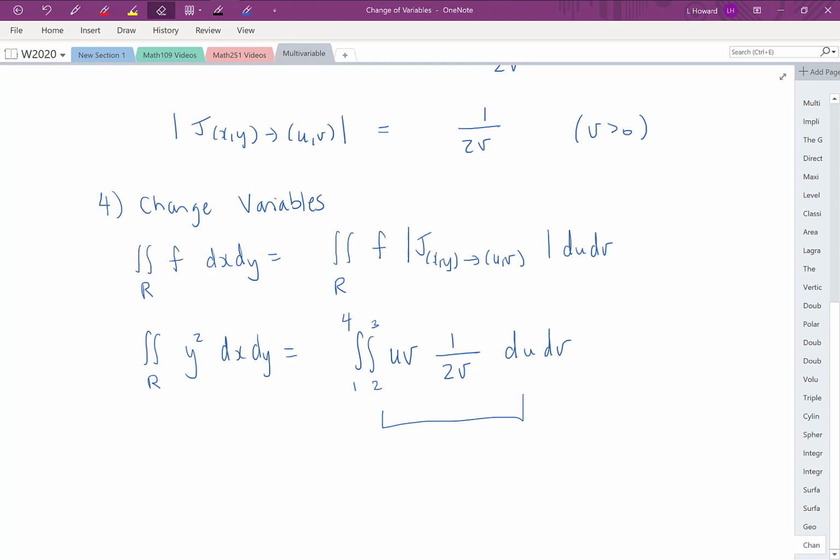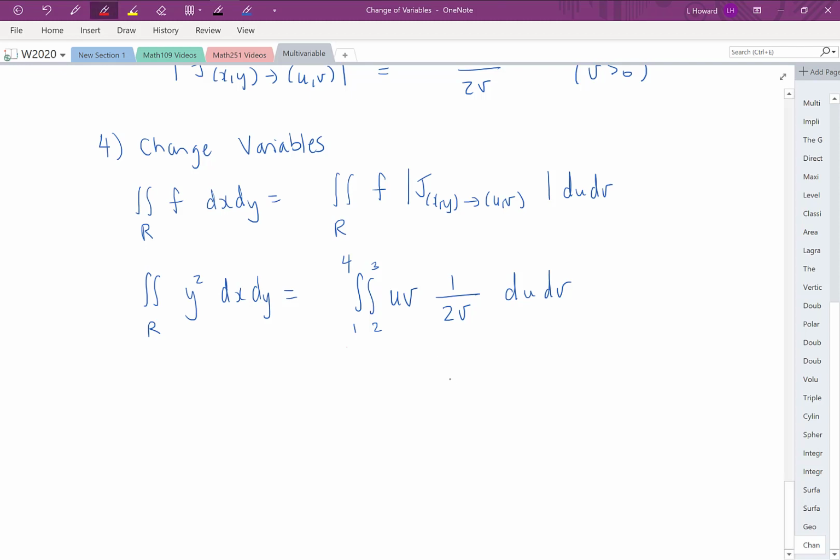So now we have a really nice double integral. The integrand is going to be easy enough to deal with, and the limits of integration are super friendly. So that's the point of changing variables: to take a region that was quite difficult to describe in variables x and y and create a double integral that's easy to compute. So let's try it.